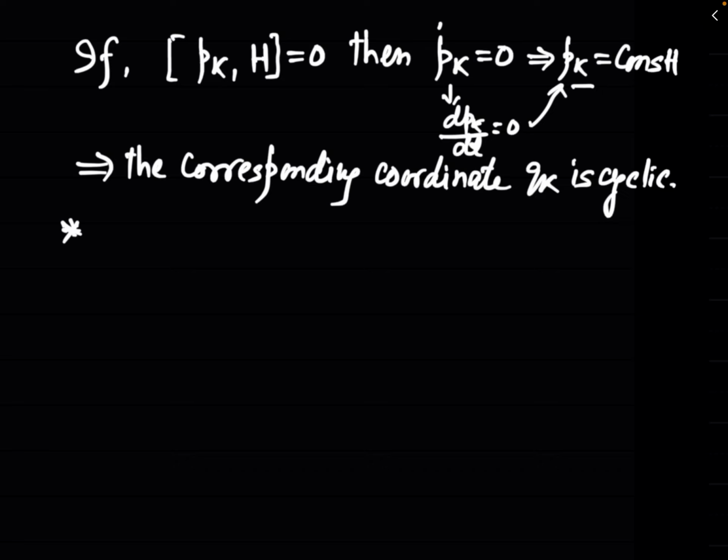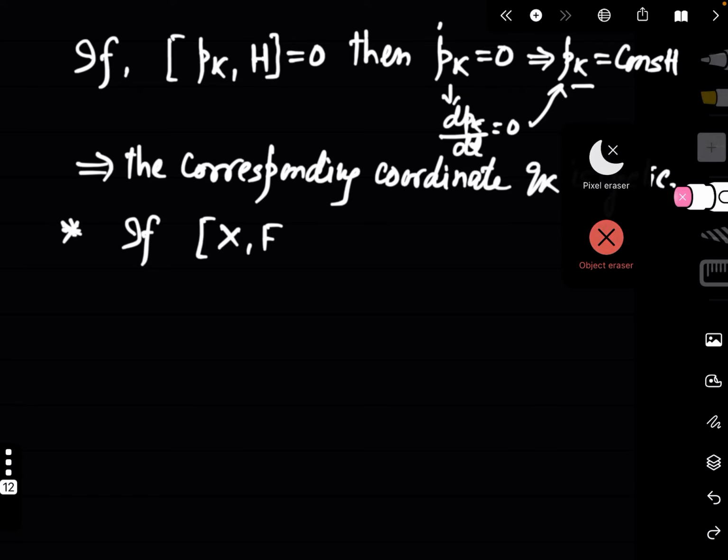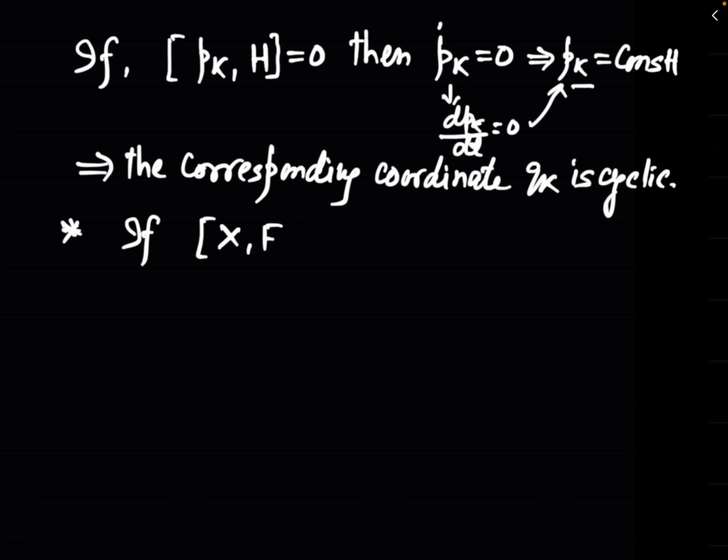So let us consider any dynamical variable x. x is an arbitrary dynamical variable, and we consider that the Poisson bracket of this variable x with Hamiltonian is equal to 0.